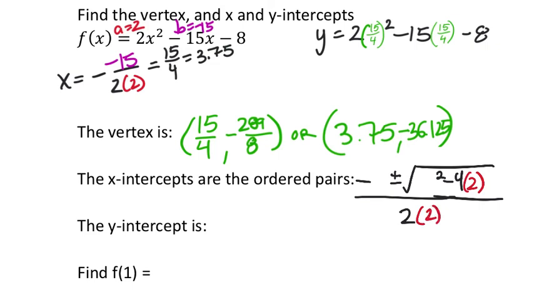The b value is negative 15, so that would have been a negative 15 there. And then it would have been a negative 15 in here as well. And then the c value shows as negative 8. Now, I put plus or minus on here really just to save some space. I'm going to do the plus one first. But again, this would be my x value for the x-intercepts.